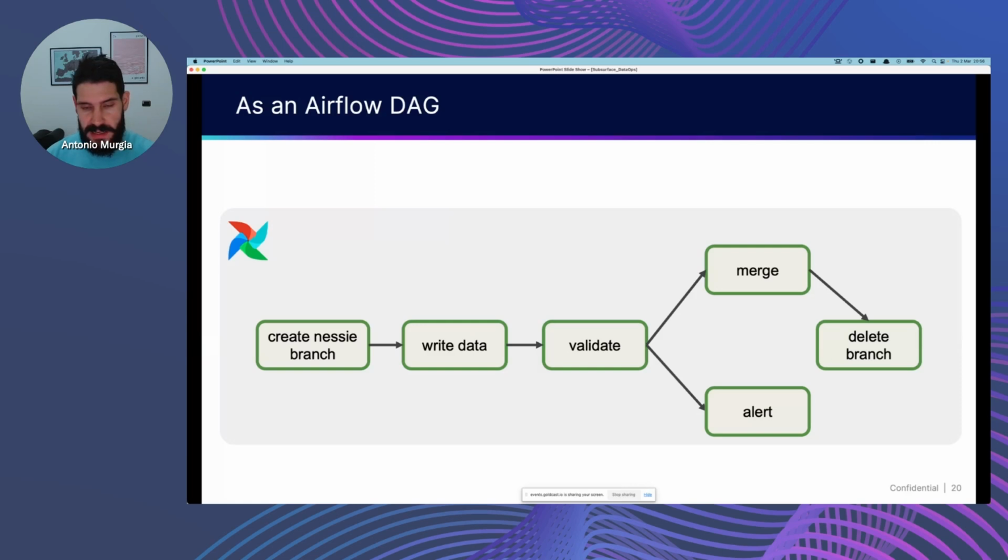Finally, we validate this data using our data quality checks. Then, if everything went well and the data quality checks passed, you can merge the branch and finally delete it. Otherwise, if something goes bad in your data quality checks, you can send an alert to someone who will check out what's happening.